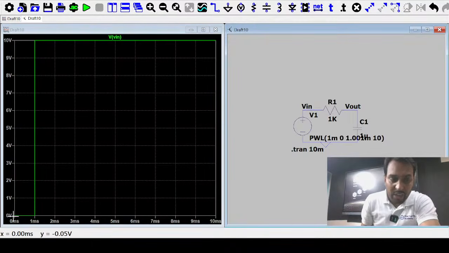As in our input waveform in the first question, we defined the input voltage as 0 at time 0, and after time 0 it is 1 volt. Now I am taking 1 millisecond: until 1 millisecond it is 0 volt, and after 1 millisecond it becomes 10 volt. So we can design our own waveform and check what is happening on the output side. Your output goes in a way like this, an exponential graph.